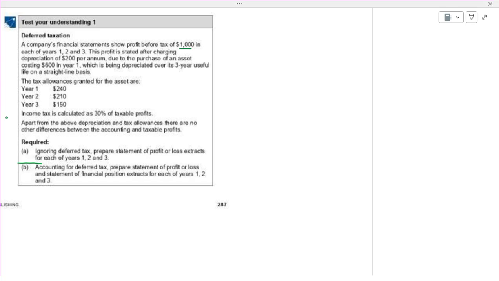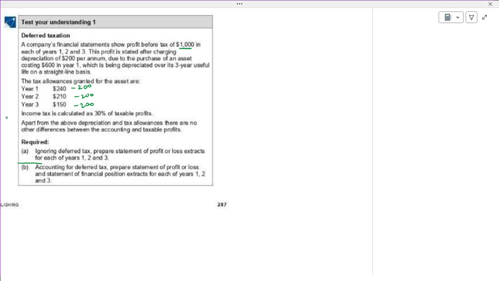Depreciation is 200. Okay, I'm just writing here. In some cases, what will happen? Accounting profit is 1000. You have to calculate depreciation, which is 200.